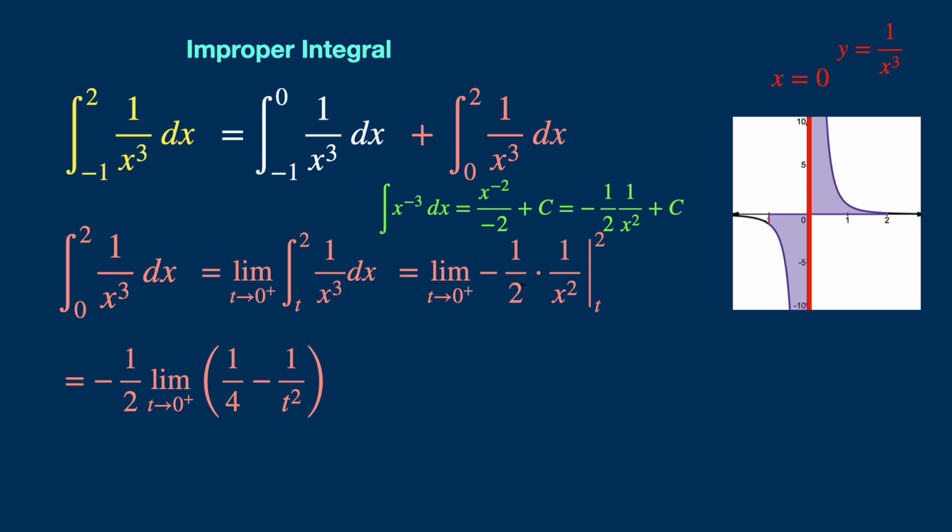The number is getting smaller and smaller. T squared is going to 0, which means 1 over t squared is getting bigger. That's going to infinity. So what are you going to say? This whole limit diverges, going to infinity. Now, you have two improper integrals there. One of them diverges. You don't have to check the other one.